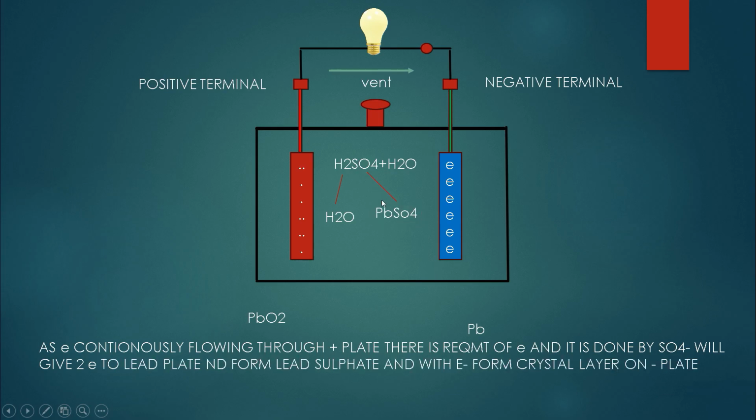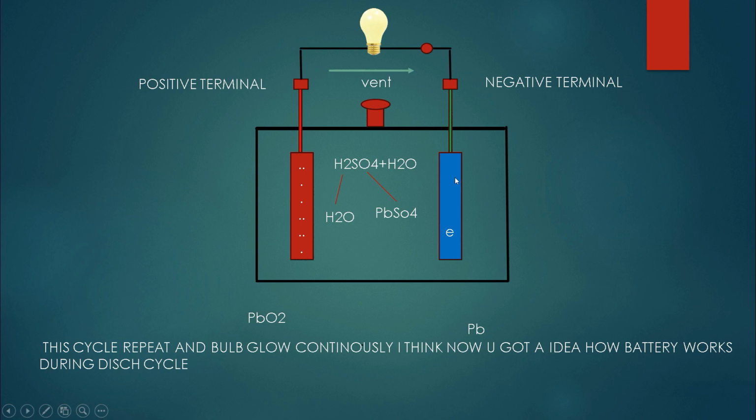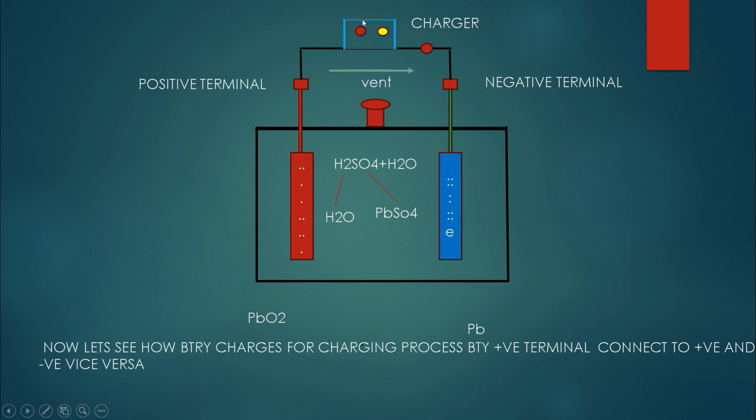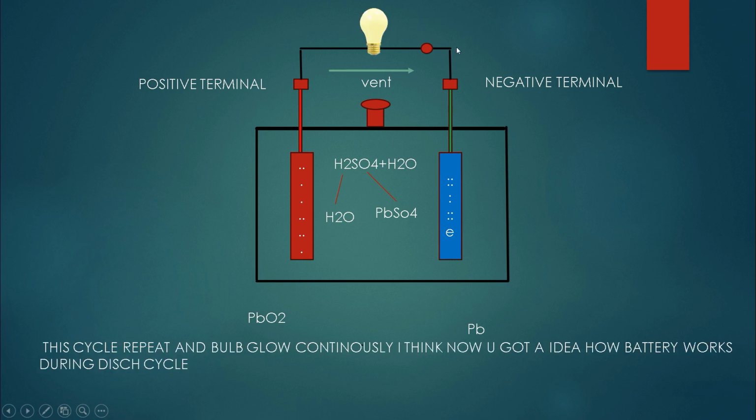It turns to lead sulfate and forms a white crystal layer on it too. And there is a continuous flow of electrons, and the load which has been connected will glow continuously. So I think now you understand the discharge cycle of the battery.